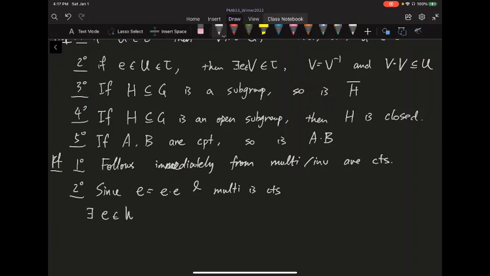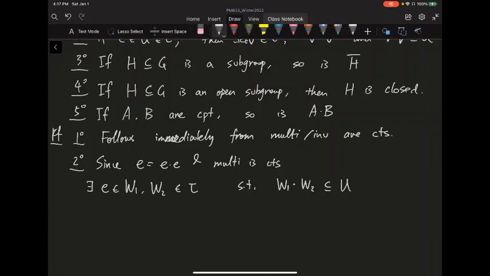So E is inside W1 and W2, they're both open neighborhoods of the identity, so that W1 dot W2 is contained inside this big neighborhood U. Okay, so how do you make something that's going to be open and symmetric? Well, let's take their intersection. And I want to have the set equal to its inverse, so let's also intersect their inverses, okay? So we know W1, W2 are open, so by the first property, their inverses are also open. Okay, so now I take an intersection of four open sets.